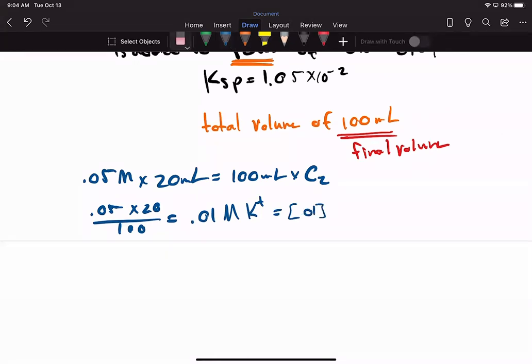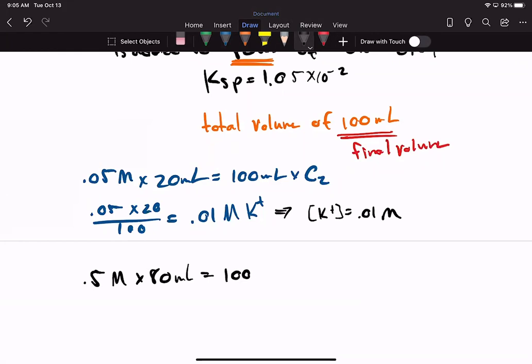Now we had 0.5 molar times 80 milliliters equals 100 milliliters times the concentration. This is K plus, and this is ClO4 minus.